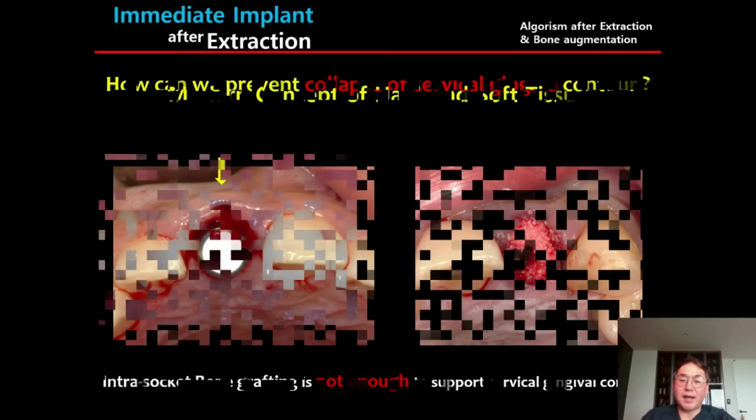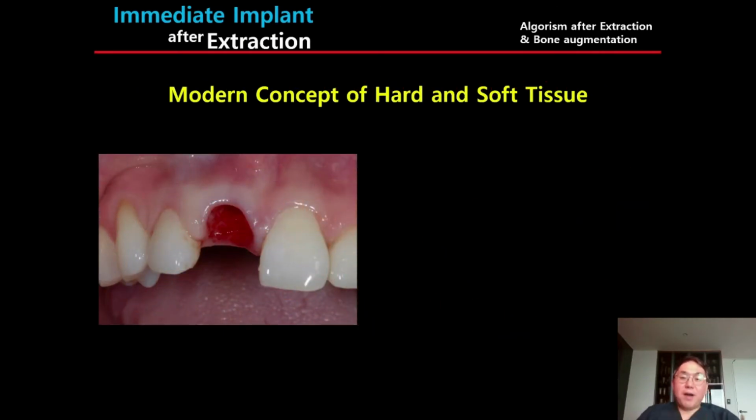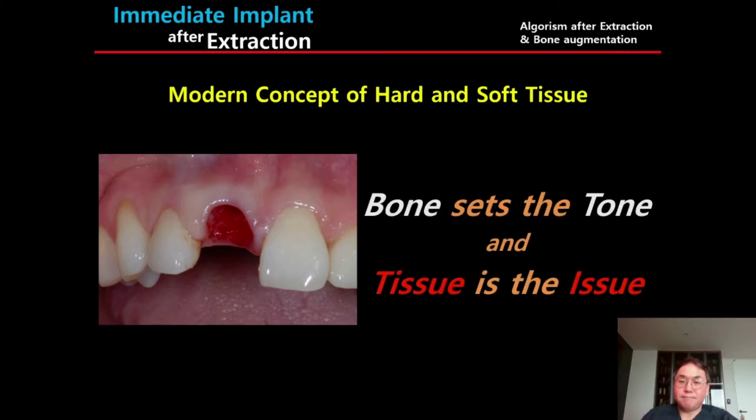Same as before extraction. So I want to introduce the modern concept of hard and soft tissue management. In the type 1 socket, if we can place implant immediately, if we can change the concept of bone grafting, we can hold the cervical gingiva contour easily with long-term predictability.